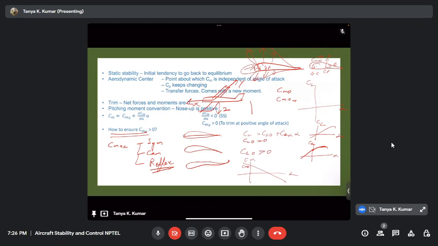Refer to your notes, check out the previous slides and let me know. How do you ensure Cm naught is greater than 0?